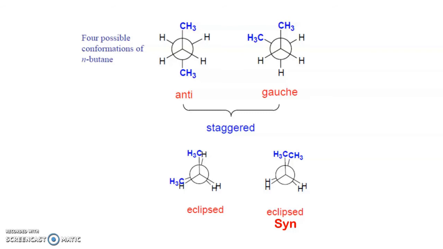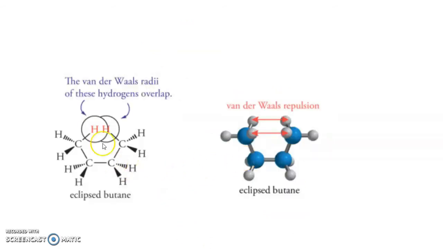Now we shall see the reasons why these conformations differ in their energy. Let us take the first conformation, the syn eclipsed conformation, in which the two methyl groups come together. When the two methyl groups eclipse each other, there will be van der Waals interaction between them, and the hydrogens attached to the methyl carbons will overlap.